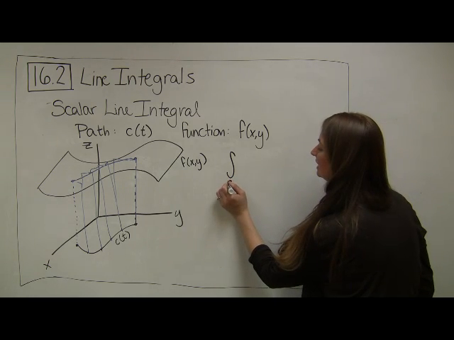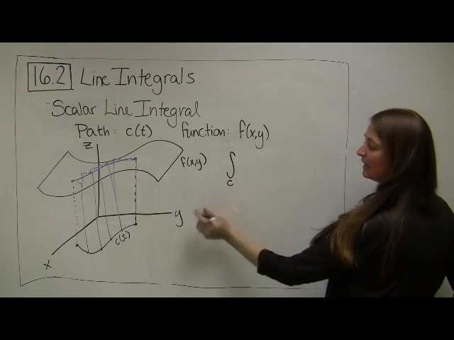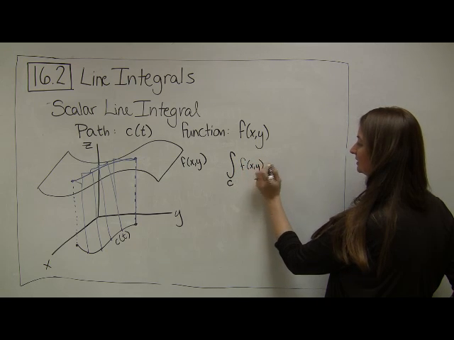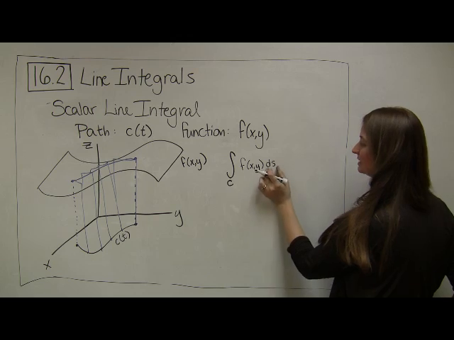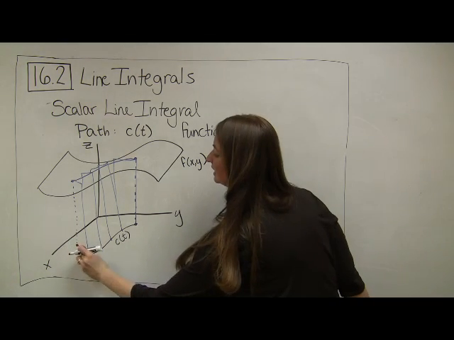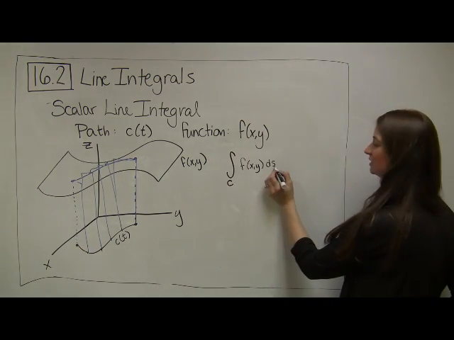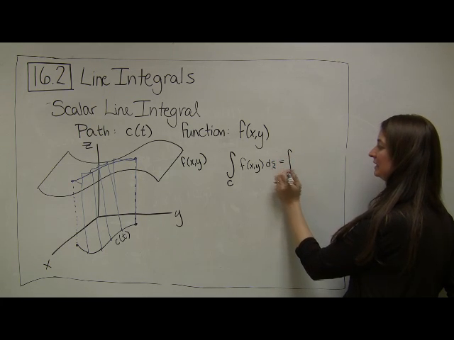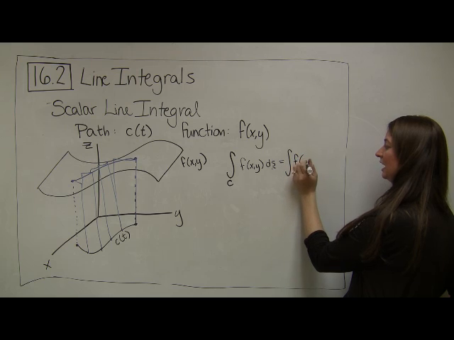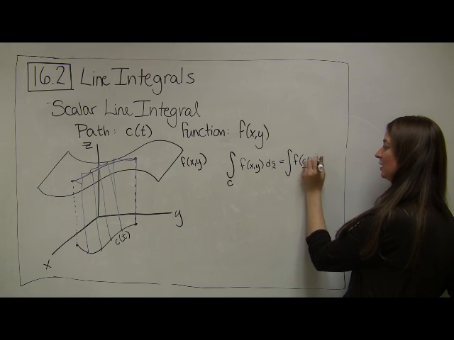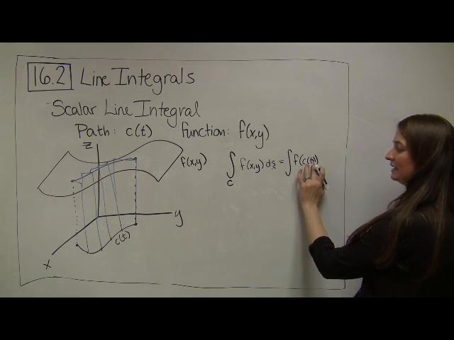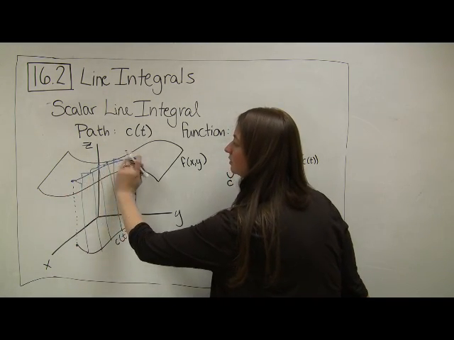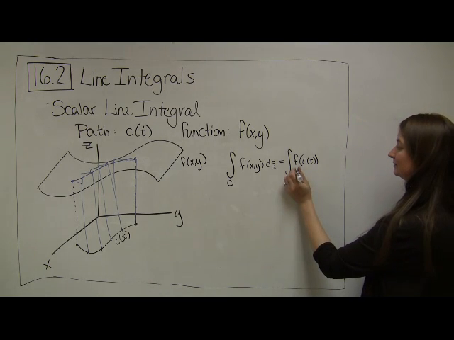We say the path integral along my path C of my function f of xy ds, because it's given in terms of the length of c of t, and we usually use s to denote length. This is going to be the integral of f of c of t. So I'm going to take my function and I'm going to plug in the points along this path. F of c of t really is this blue curve here. It's giving me the height.